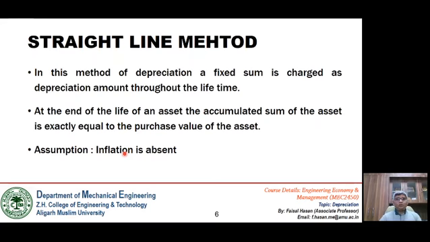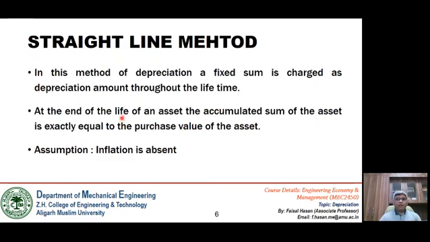Now if we begin with the straight line method, as I've already told you, in this method of depreciation a fixed sum is charged as the depreciation amount throughout the lifetime of that asset. That means a fixed amount of money is deducted from the initial cost each year to calculate the depreciation at the end of each year. We'll take this up with the help of an example also.